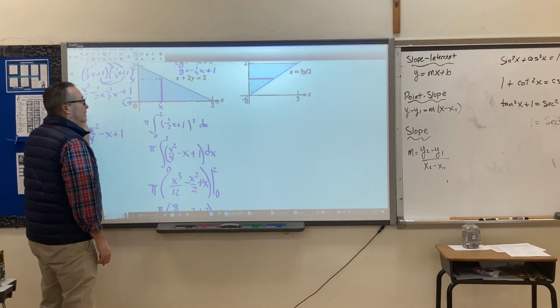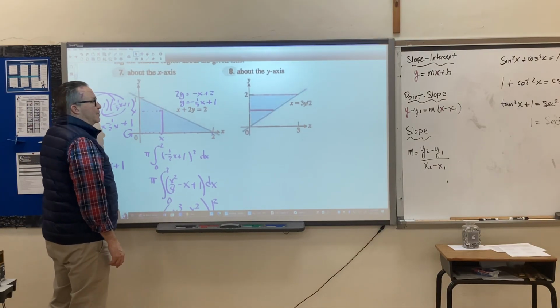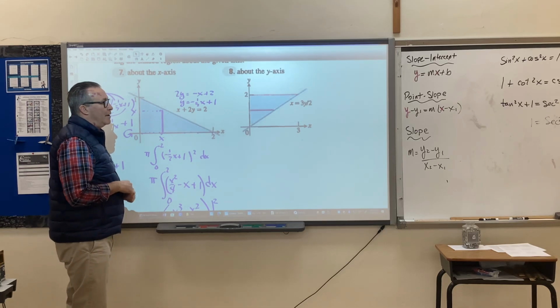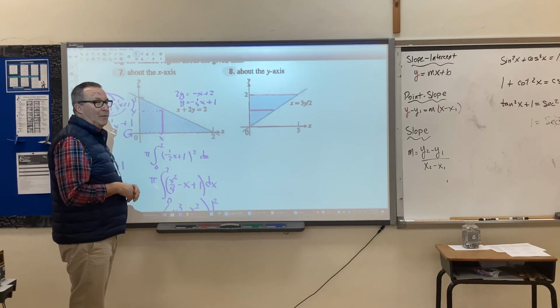Let's do it two ways. Let's go around the x-axis and then go around the y-axis.